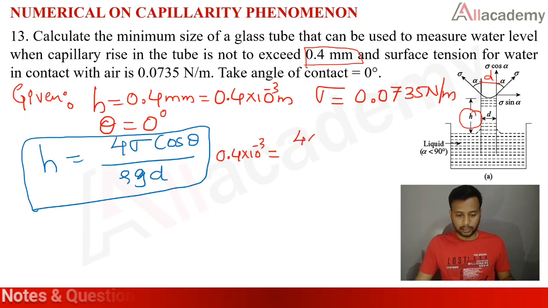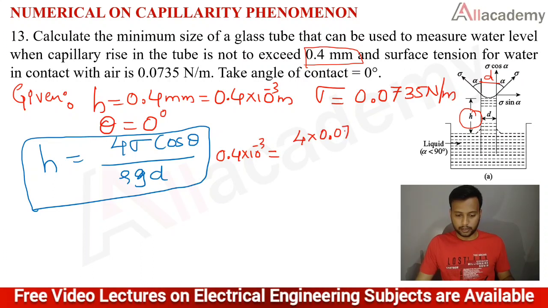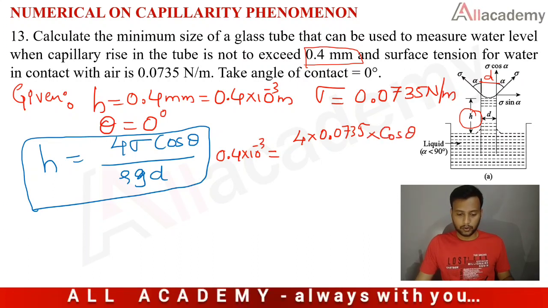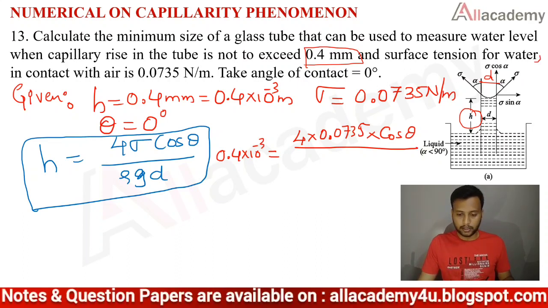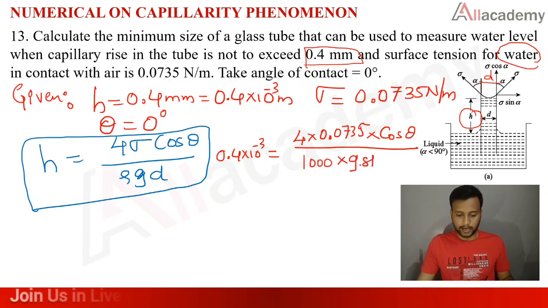Now 4 and 0.0735 is sigma. Then cos theta is cos 0, as the angle of contact is 0. Which liquid is it? It is water, so the density will be 1000. g is 9.81.